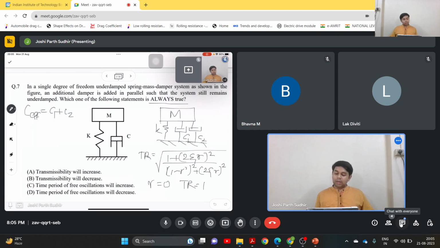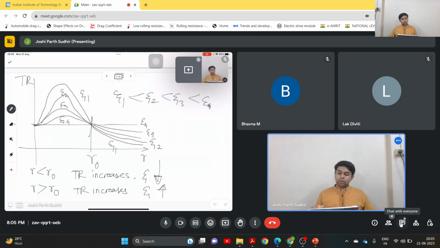Option C, time period of free oscillations will increase, and D, time period of free oscillations will decrease. So let us check that. The damped natural frequency will be omega n into root of 1 minus zeta square. As we increase zeta, root of 1 minus zeta square will decrease, so the damped natural frequency will decrease.